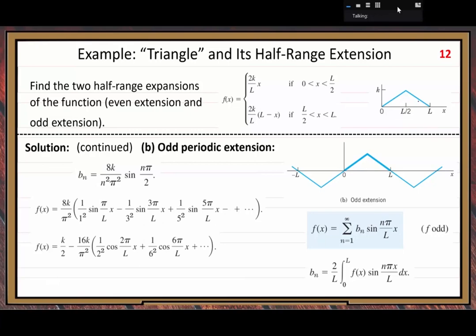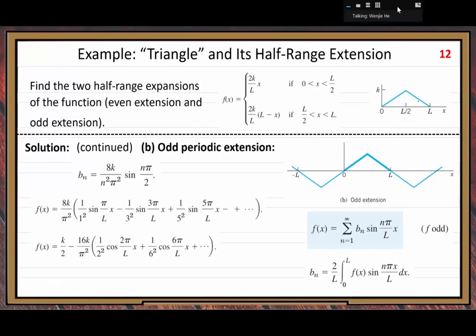So here you can see the comments. If we do not use Fourier series, we cannot see results like this, right? One sine series, another cosine series, and they have the same value everywhere in this interval.